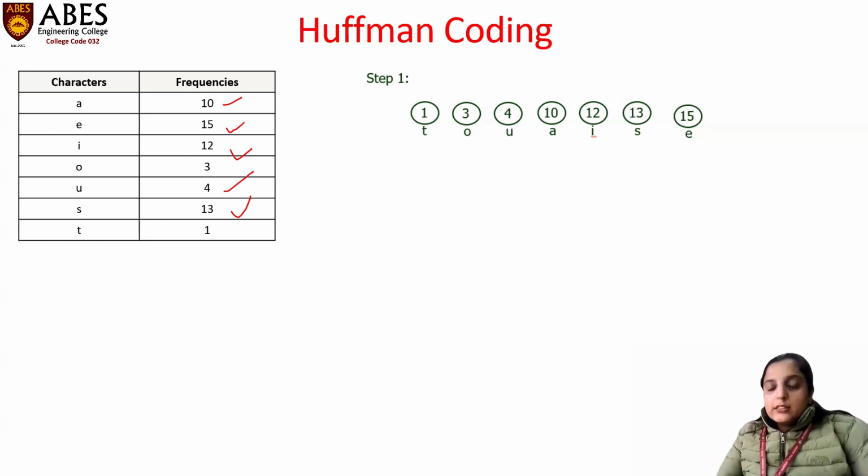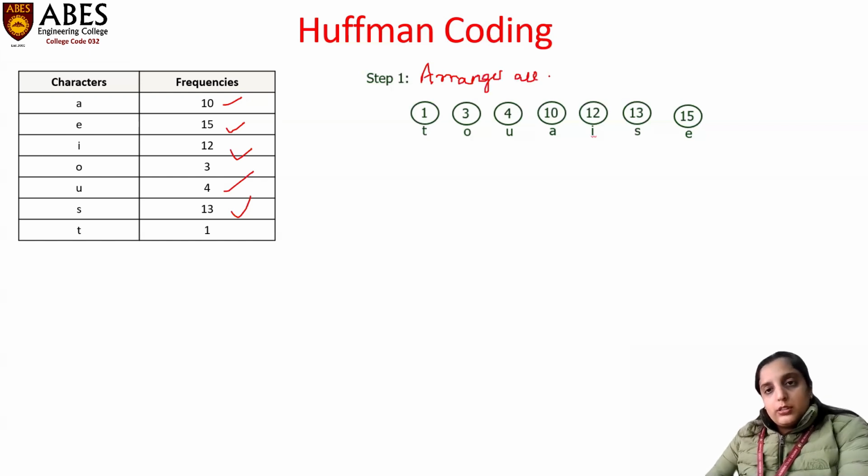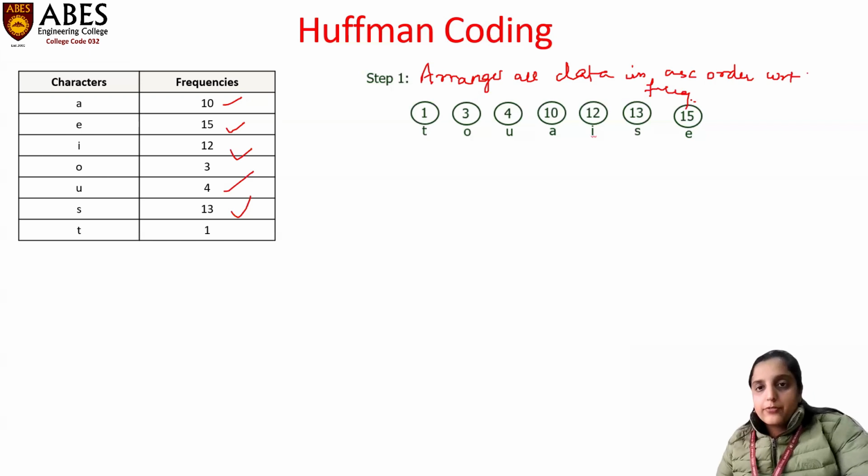So what you will do in step number two, step number one, you have to arrange all data in ascending order with respect to frequencies. Yeah. In the first step, you have to do this.